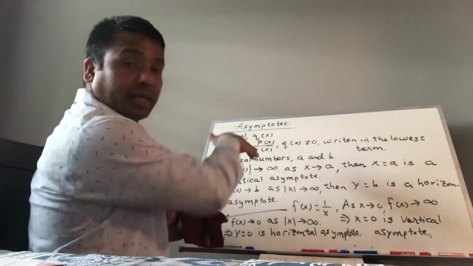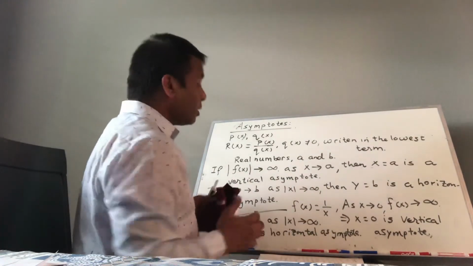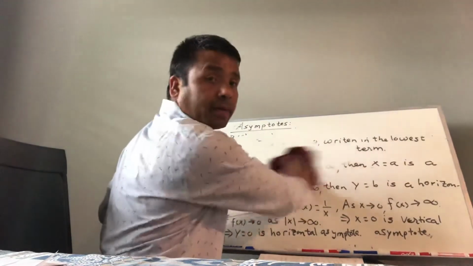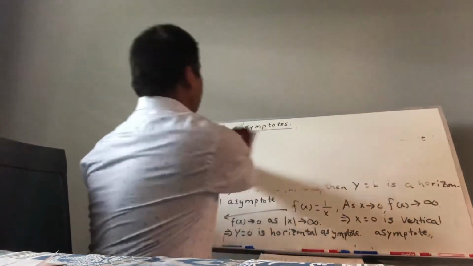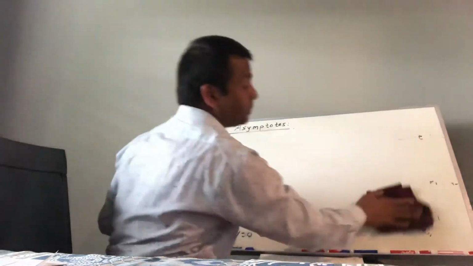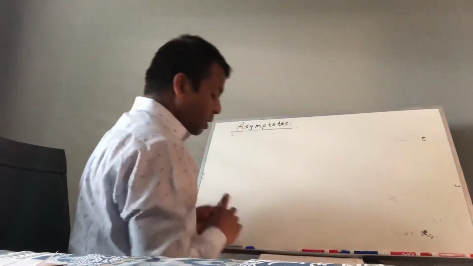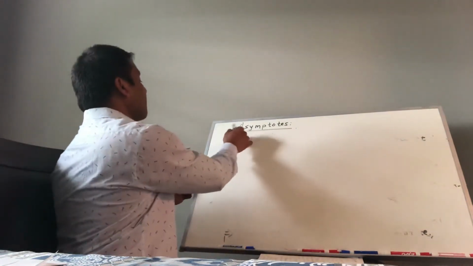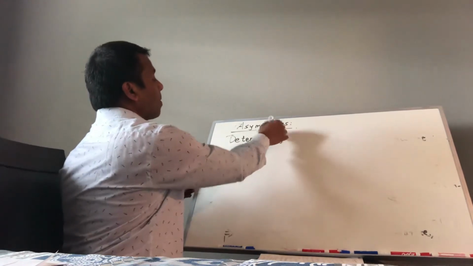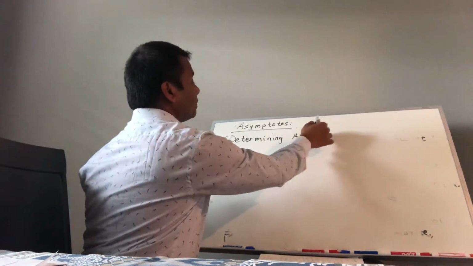So this is the definition for the vertical and the horizontal asymptote. But if you want to determine the asymptote, it's very easy. So let me talk about determining asymptotes.